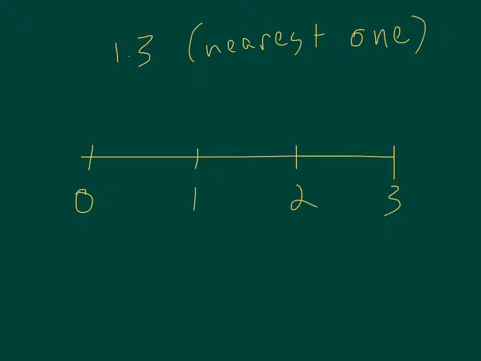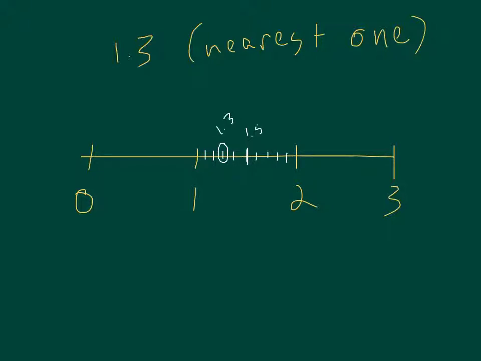Well, we know it's more than 1 and less than 2. And here is 1.5, that would be halfway between 1 and 2. So then we have 1.1, 1.2, 1.3, 1.4, 1.5, 1.6, 1.7, 1.8, 1.9, and then 2. So 1.3 would actually be right here, 1 and 3 tenths.